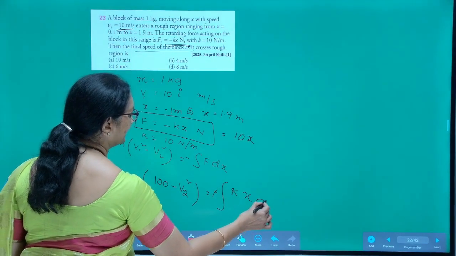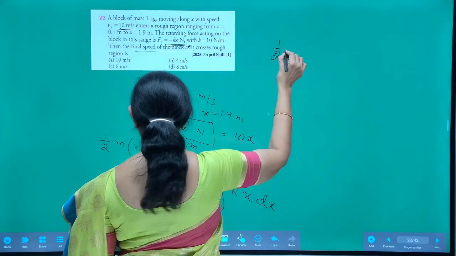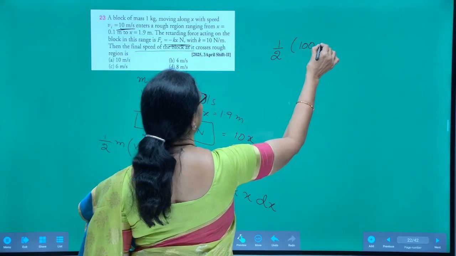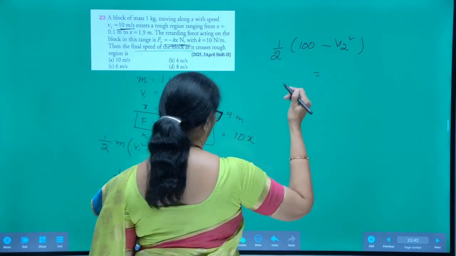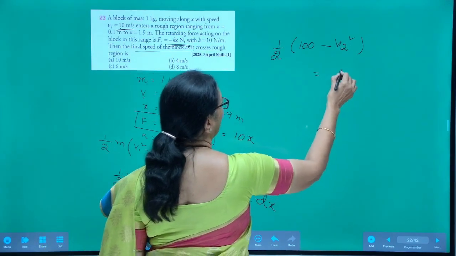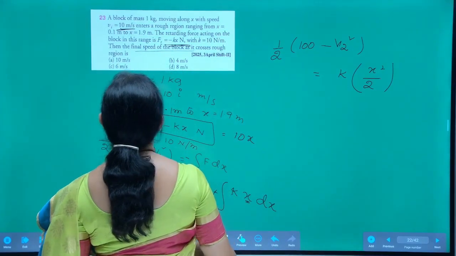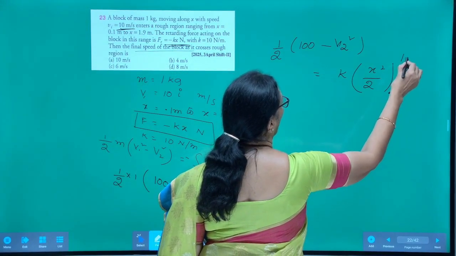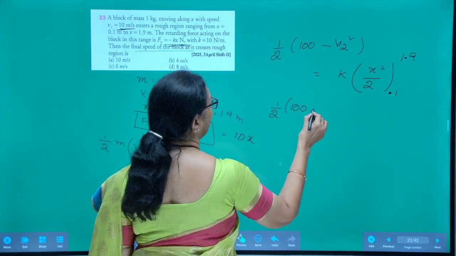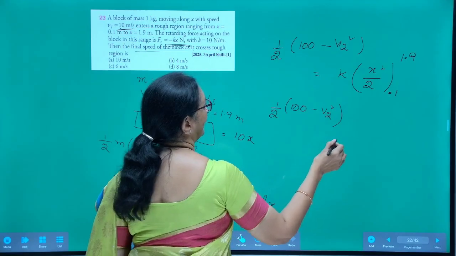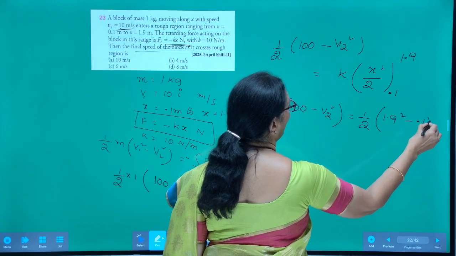So kx dx. So here this is half m, v square, 10 square minus v2 square is equal to x square by 2 is the integral, x square by 2, limits are from 0.1 to 1.9. So half, 100 minus V2 square is equal to half, 1.9 square minus 0.1 square.